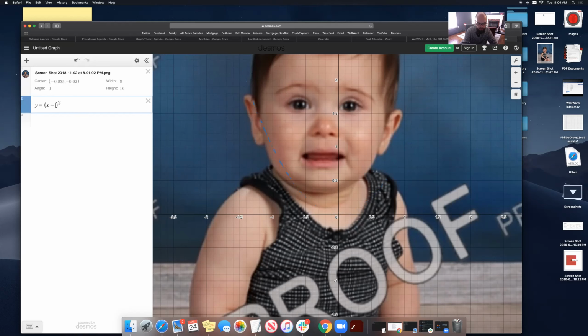So this is x plus 0.3 and then plus 0.3, right? So that would sort of trace the bottom of her face. And if I want to bend it up and down, right, I can scale this up, or I could scale it down to sort of trace the bottom of her face.